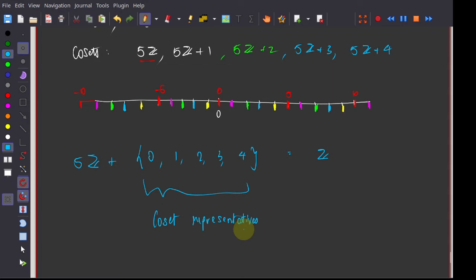Can you tell me why? Simple property. They're all disjoint, right? So exactly, only one of them can have the zero element. The others cannot have the zero element. Only one of them can be a subgroup.